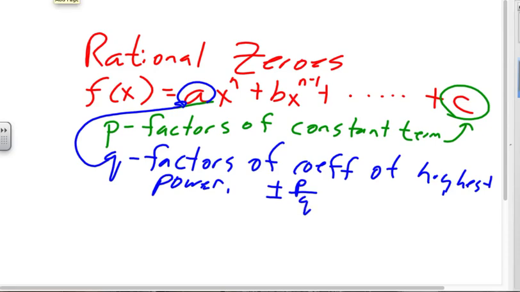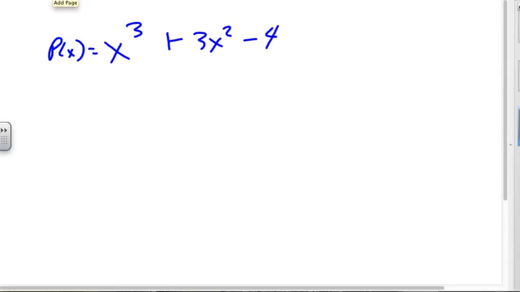Let's take a look at an example. A polynomial, x cubed plus 3x squared minus 4. So the first thing I do is always take a look and see if it's a quadratic. It's not, it's a higher order. If it's quadratic, you try to factor it and put it into the quadratic formula.